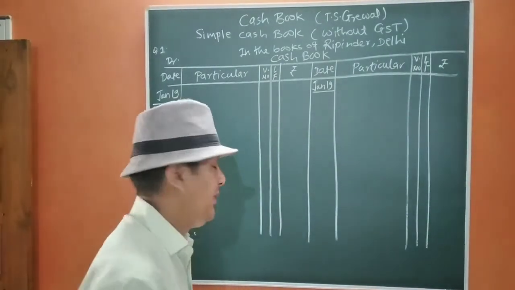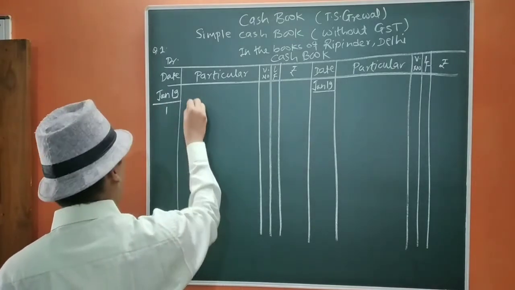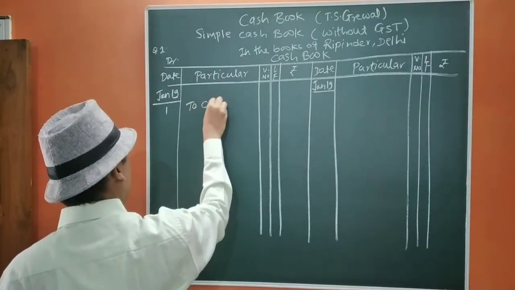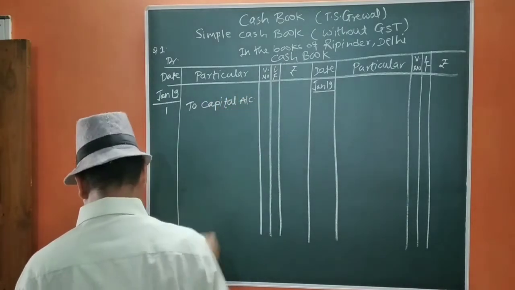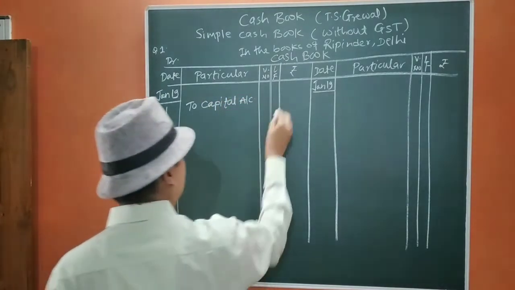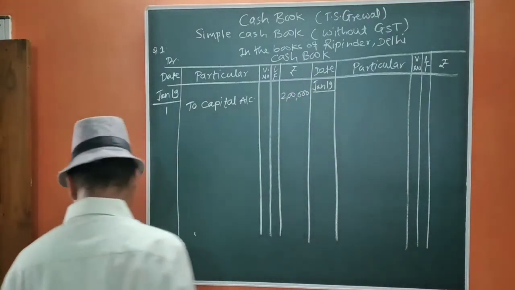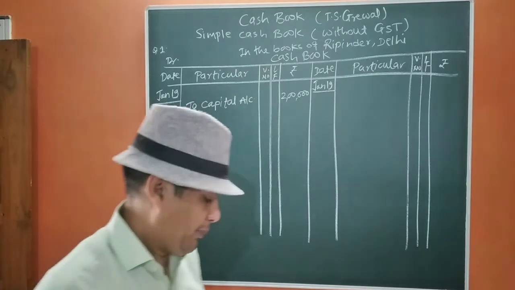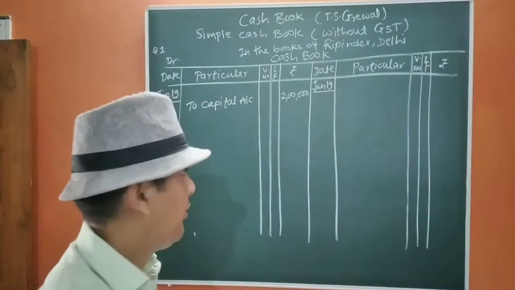First transaction is Ripingar started business with cash, capital. So the entry will be cash amount added to capital on first. So we are going to write here to capital account. The amount is 2 lakh. Okay. The second transaction is purchase furniture for cash. Cash goes out, so we are going to credit it.